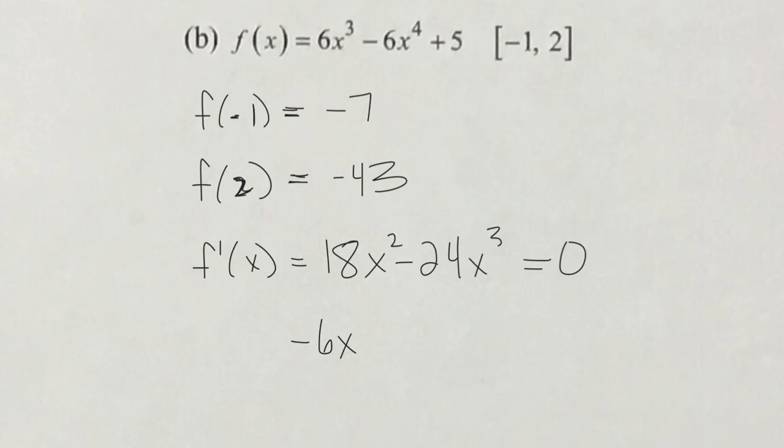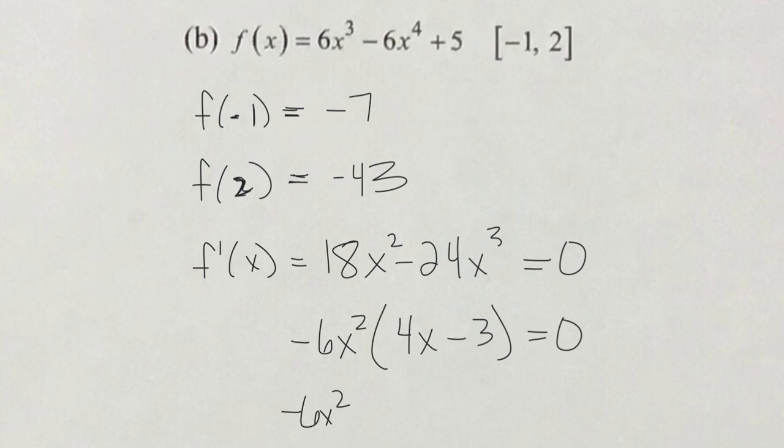So I'm going to factor out a -6x squared from each of these terms, because now I can set each of my factors equal to 0 and solve and see when each of these has a horizontal tangent line. So I have a horizontal tangent line at 0, and I have a horizontal tangent line at 3/4.